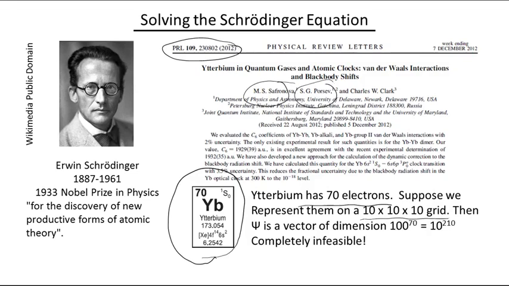Well, a very simple consideration will show you that even a crude representation of the 70 electron wave function on a coarse grid would just be completely infeasible by today's and presumably just about any future technology that we know of.